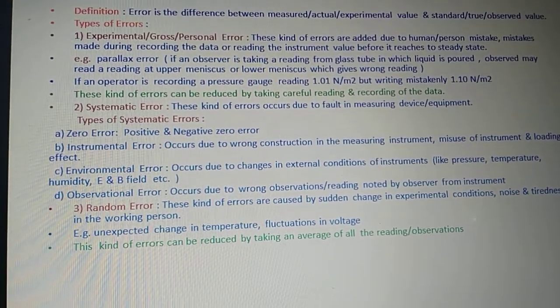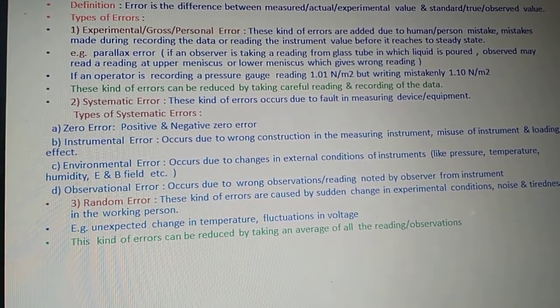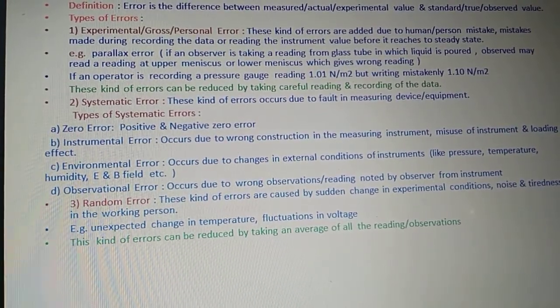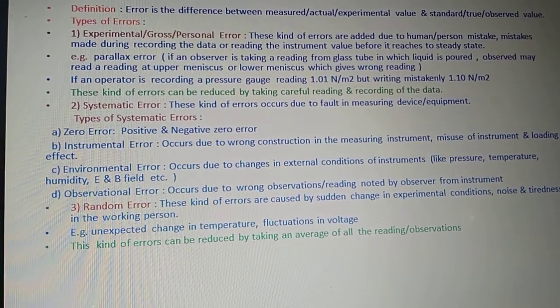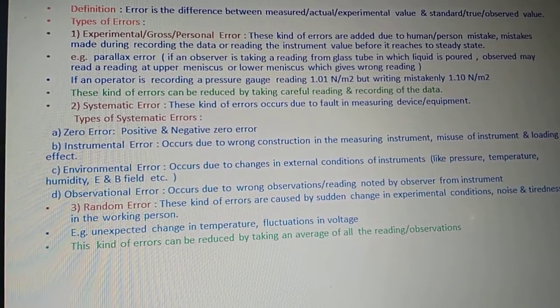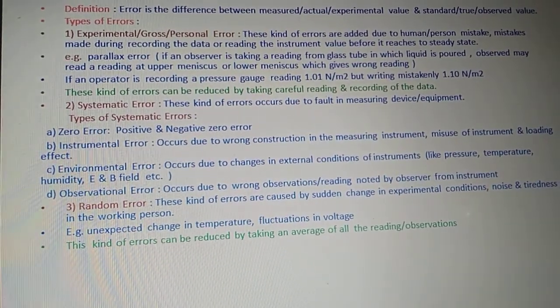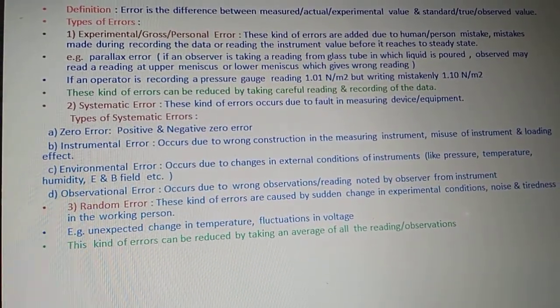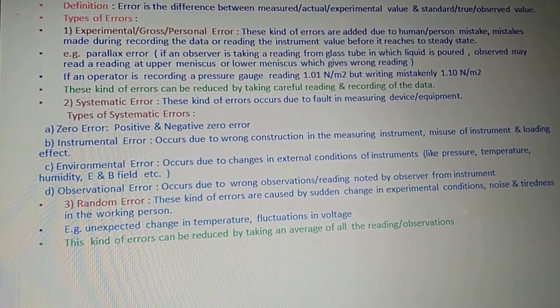One more reason for introducing this personal error is an operator who is recording a pressure gauge. Suppose a particular person is operating a machine and he is recording the various values of the pressure using the pressure gauge.